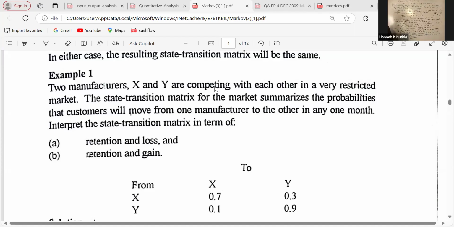Now, someone will answer part A of that question. How do you explain the retention and the loss, and how do you explain the retention and the gain?